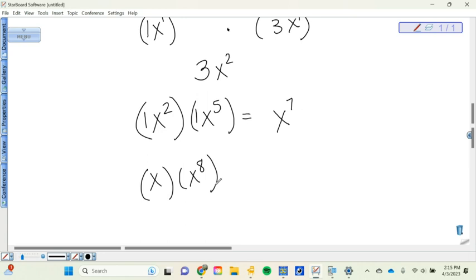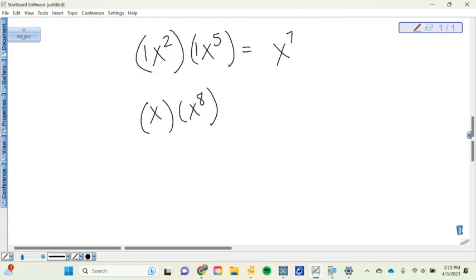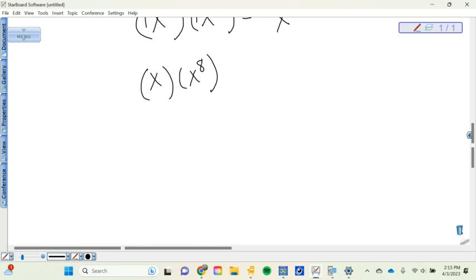What's the invisible exponent on this x? What do you do with the 1 x? You add it, right? So it's x to the 9th.